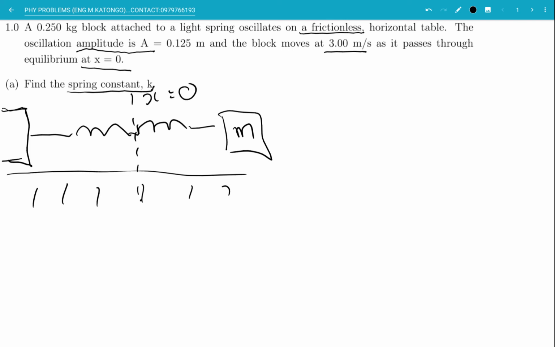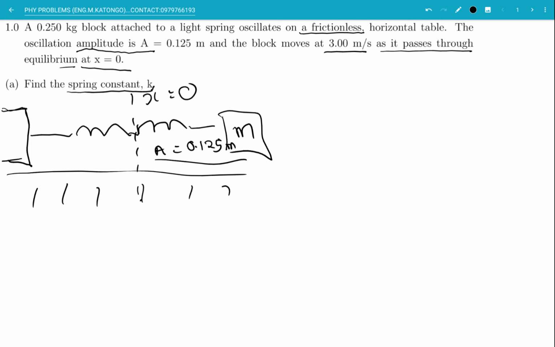So this particle has been displaced at a maximum displacement, which is A being equal to 0.125 meters. Okay, and the question reads, the block moves at 3 meters per second as it passes through the equilibrium at x equal to 0.